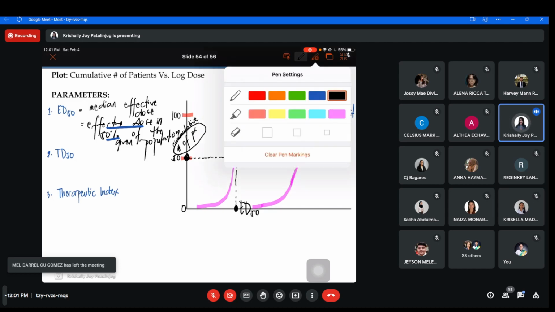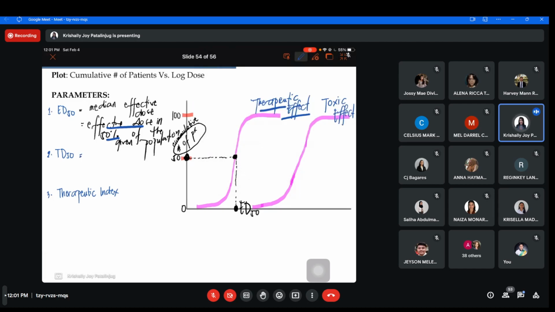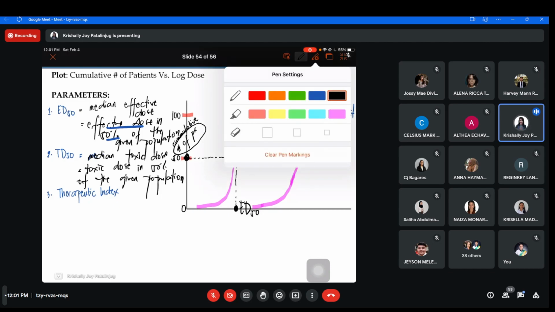Ang TD50 naman, this is the median toxic dose. Okay? So ito naman has something to do with the toxic effect ng gamot. So it's the toxic dose in 50% of the given population. So somehow you know already how to identify what could be the TD50 of this given plotted graph.